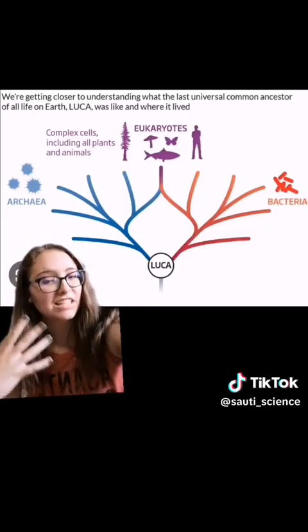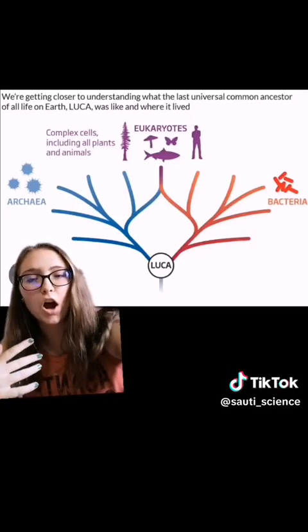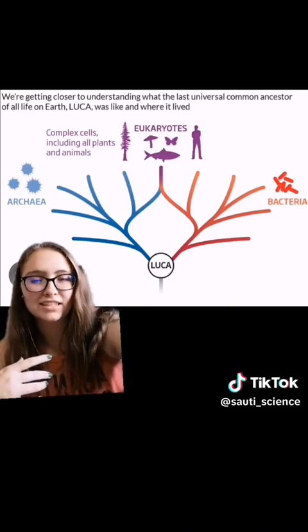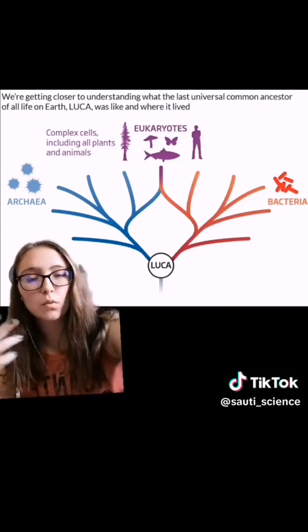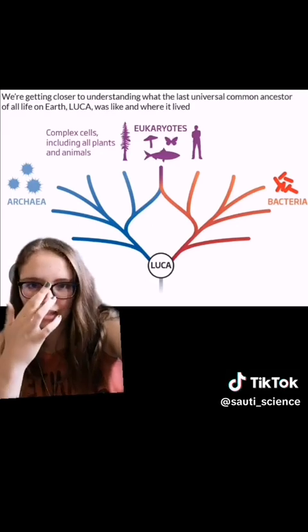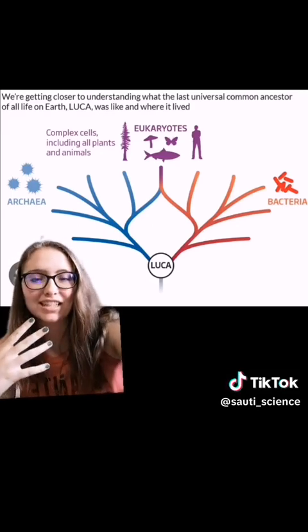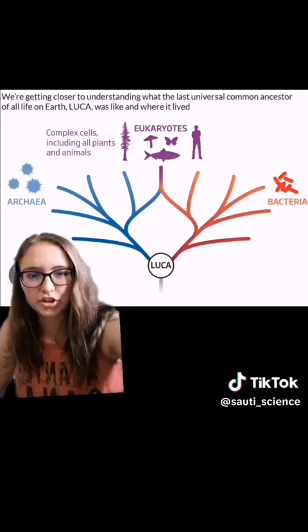So, going back as far as possible, we have our last universal common ancestor, or LUCA. What LUCA is, as it says, is the last common ancestor that all life on Earth shared.